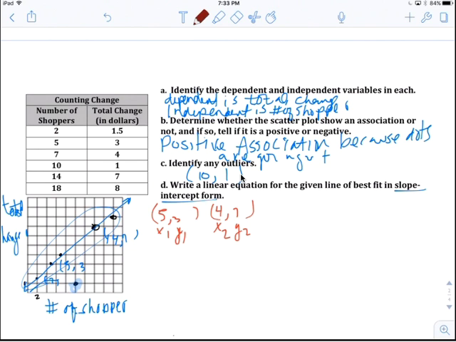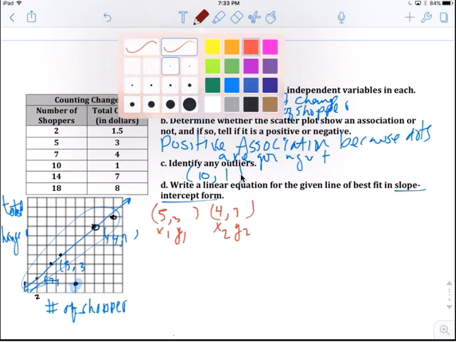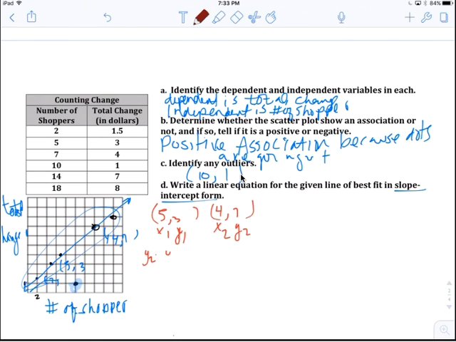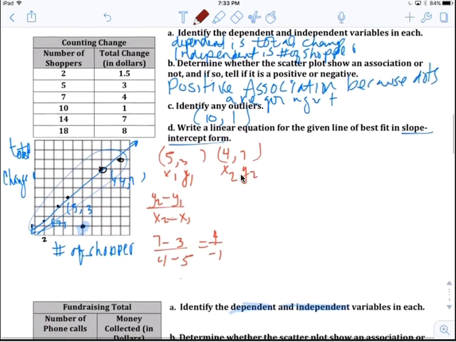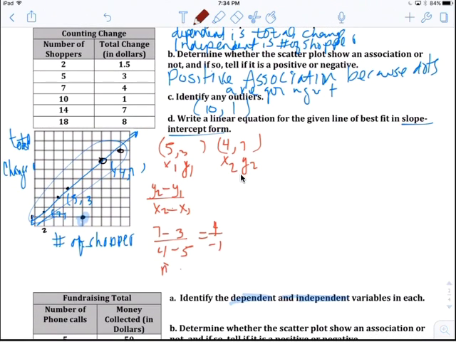Your rate of change is y2 minus y1 over x2 minus x1. So y2 is 7 minus 3 over 4 minus 5. You get your answer as 4 over negative 1, or just your rate of change. Your rate of change is negative 4.